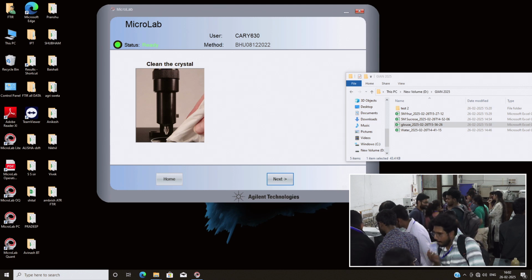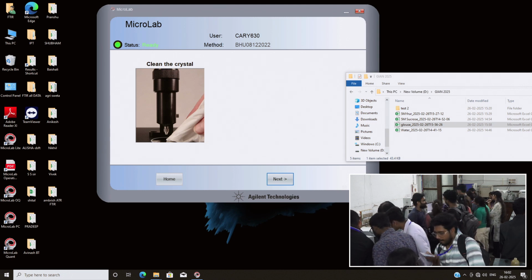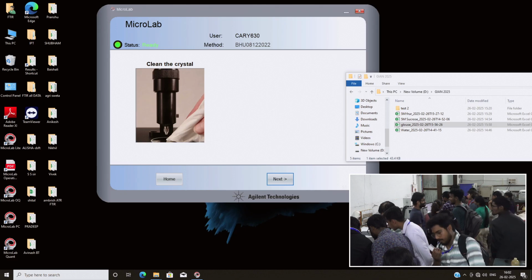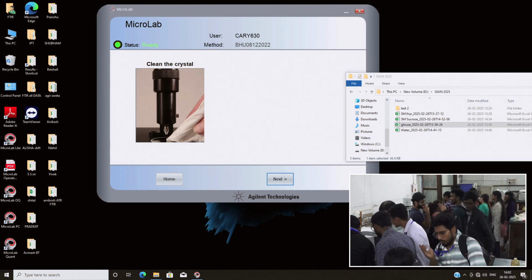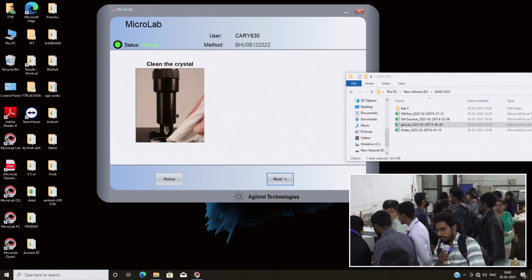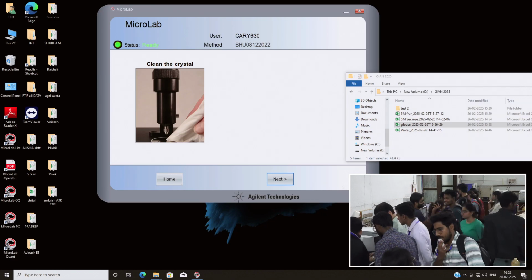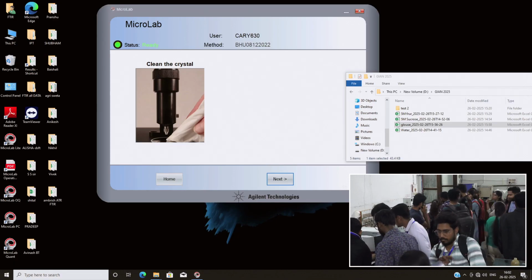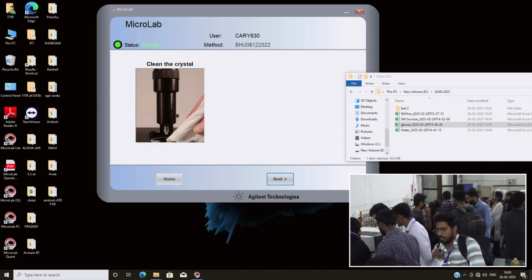Black is orange glucose, red sucrose, blue and green fructose. Even though the structures are similar, the pattern is quite different. So subtract the water spectrum from orange. So here.